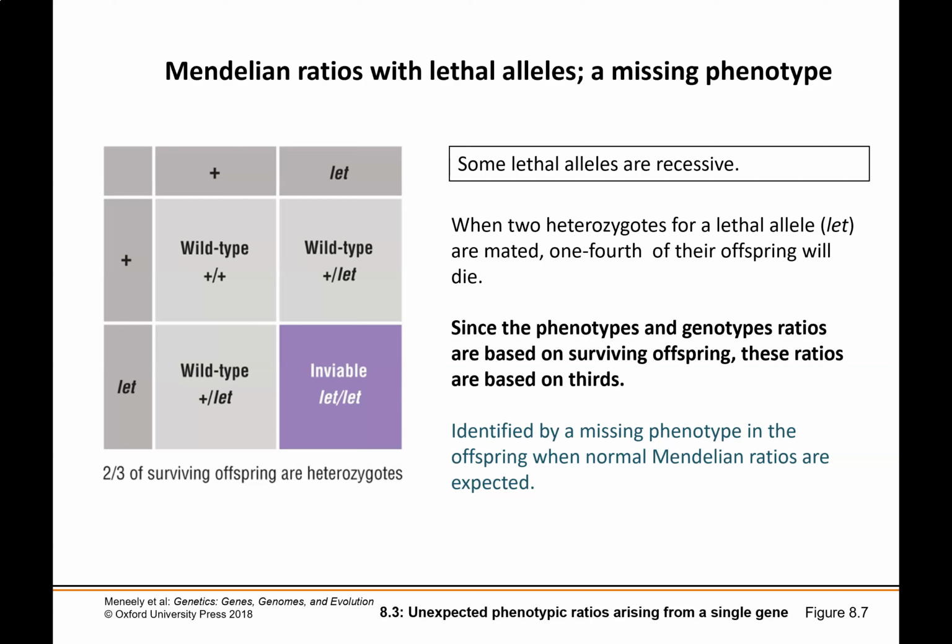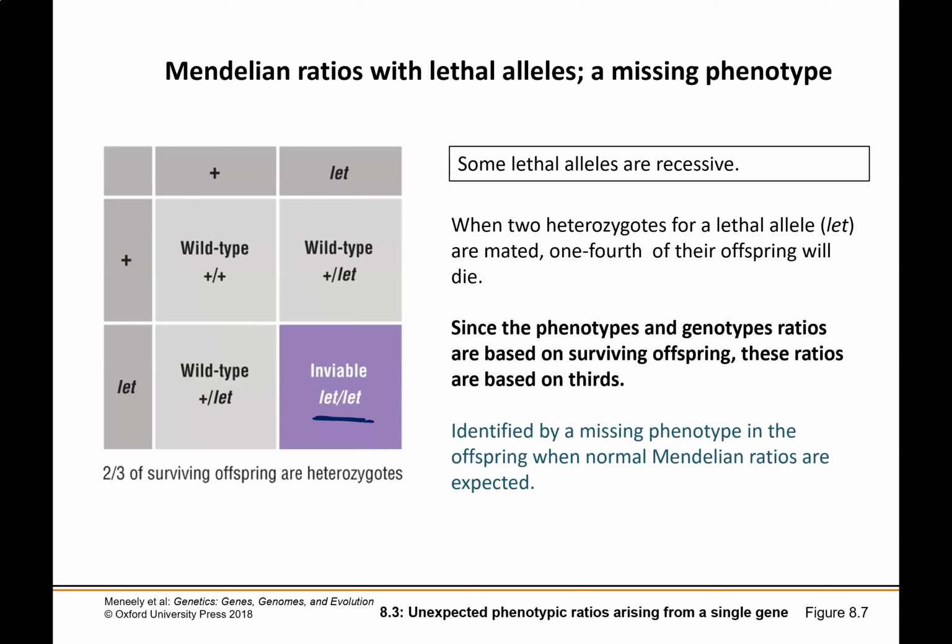So if you are homozygous wild type, you're going to be totally normal. If you are heterozygous for the wild type and lethal allele, you'll still survive. If you are homozygous recessive for that lethal allele, you are not going to survive. So in the offspring, you could have two situations.